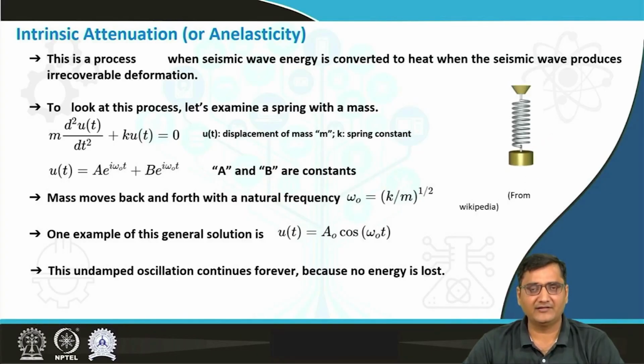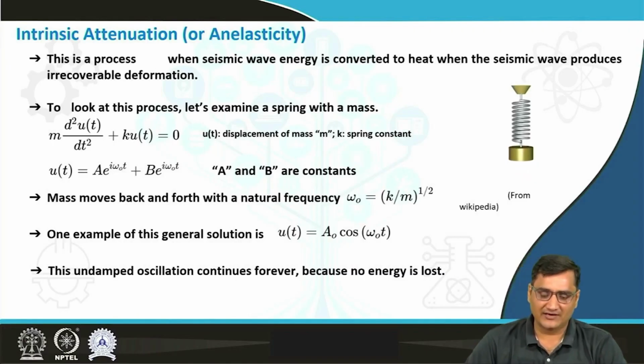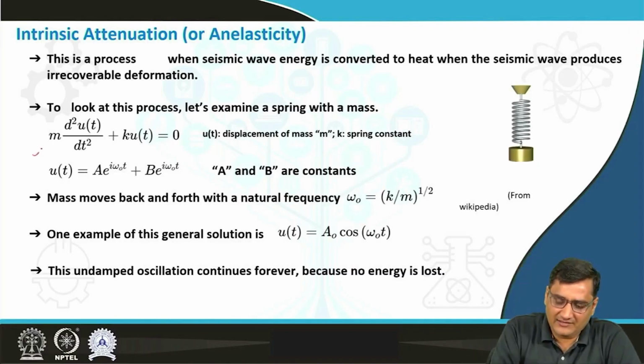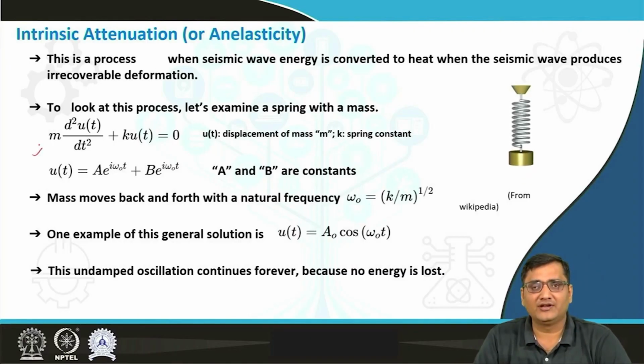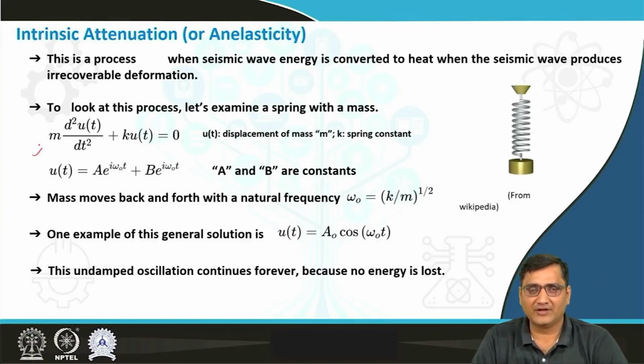If we write the equation of motion for this simple harmonic motion, it can be something like this: m d square u(t) by dt square plus k u(t) is equal to 0, where u is the displacement with respect to time, and this displacement is for the mass m, and k is the spring constant.